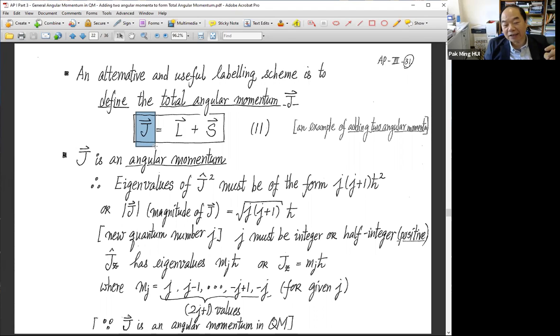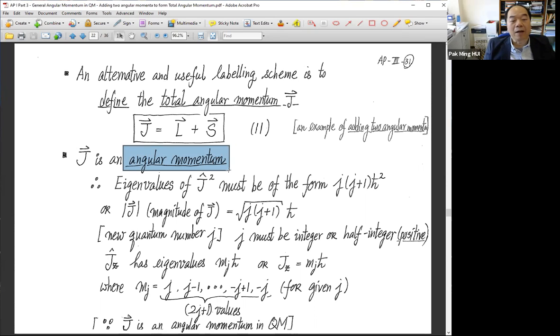You can write it as, the X component is Lx plus Sx and so on. And when L meets S in a commutation relation, they do nothing to each other, I mean, they commute. And then you will realize that this is also an angular momentum.